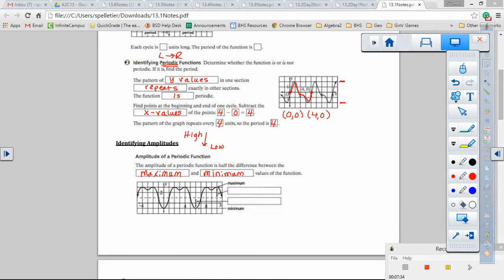So we're going to look at this function, and what you need to remember, the important part, is it's half the distance between the maximum and the minimum, because every function has a middle ground where you can draw a dashed line, and you can see that dashed line is drawn in this function. Here's your dashed line.